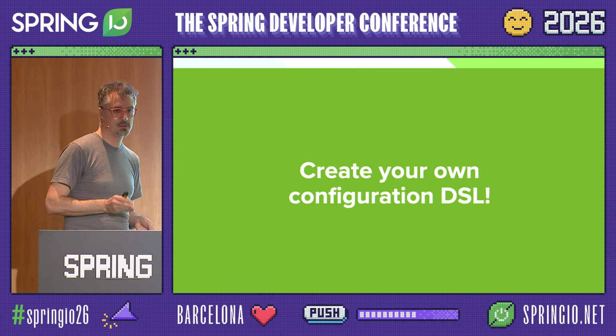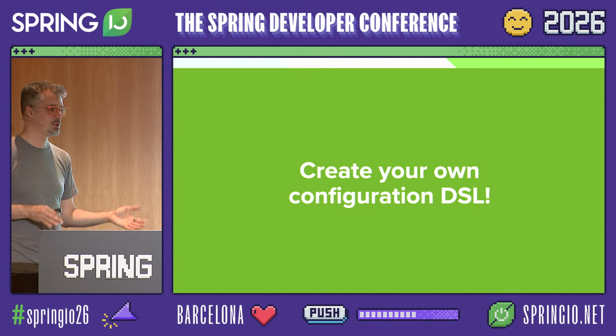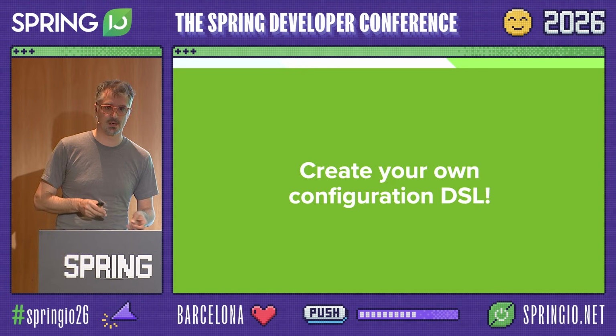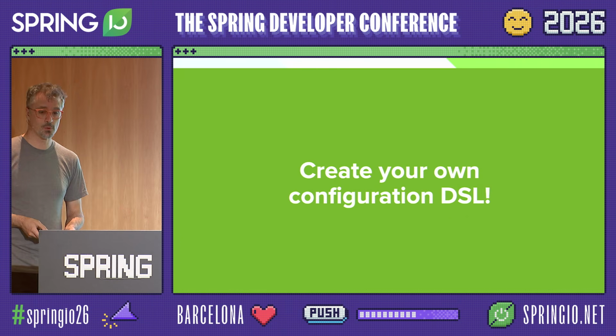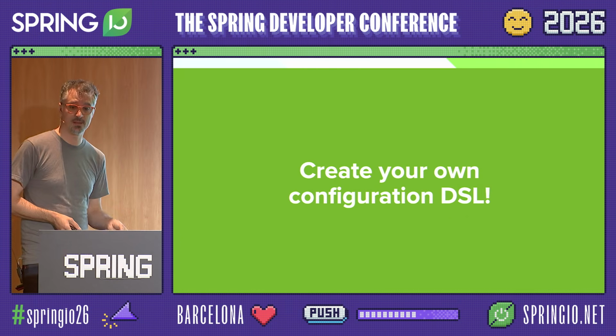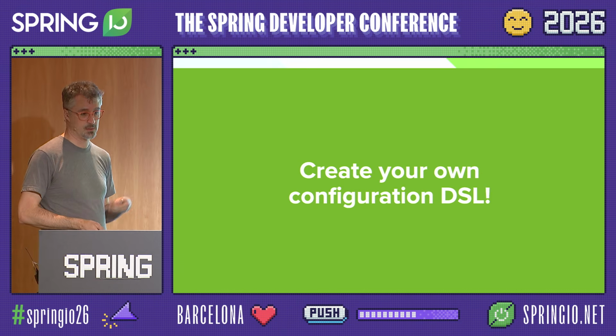But the true superpower of BeanRegistrarDsl is not just using a Kotlin DSL to declare your beans in a slightly nicer way, it is to create your own configuration DSL. And this is the true superpower and key use case for BeanRegistrar and BeanRegistrarDsl.